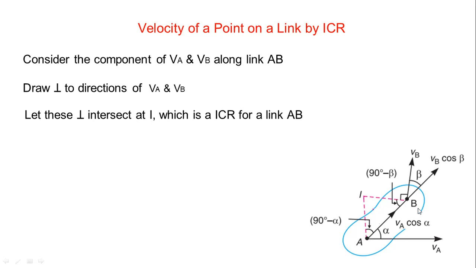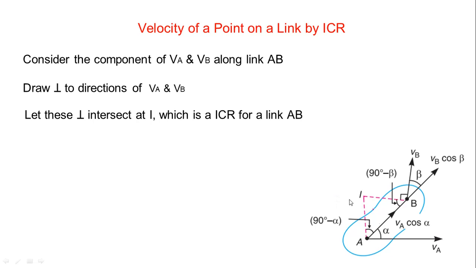To locate the ICR, I have to draw a line perpendicular to the velocity vector at point A, and similarly a perpendicular to VB at point B. The perpendiculars drawn from point A and point B intersect at one location, and that point I is the ICR for link AB.